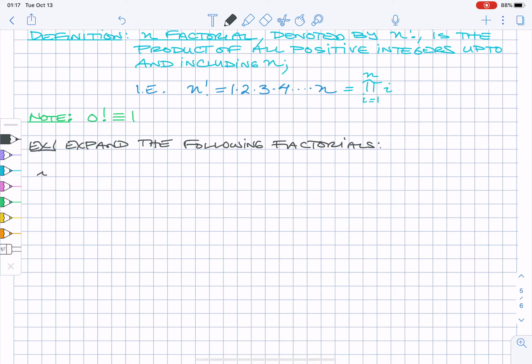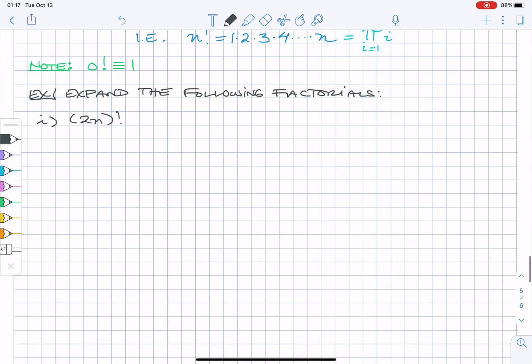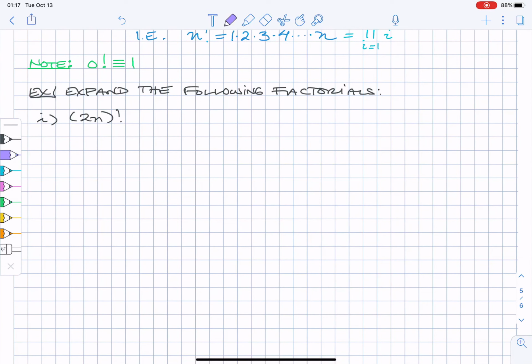Okay, so number 1. Let's say we have the quantity 2n factorial. So this is the quantity twice n, factorial. Well, the first term will be 2 times 1.